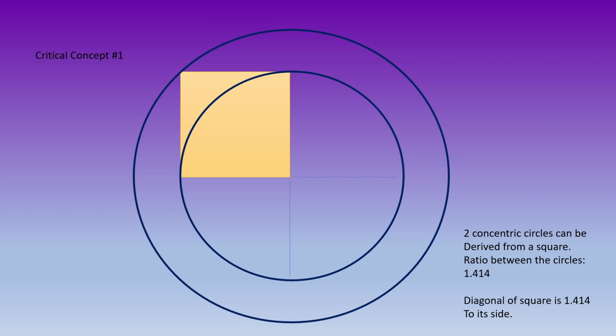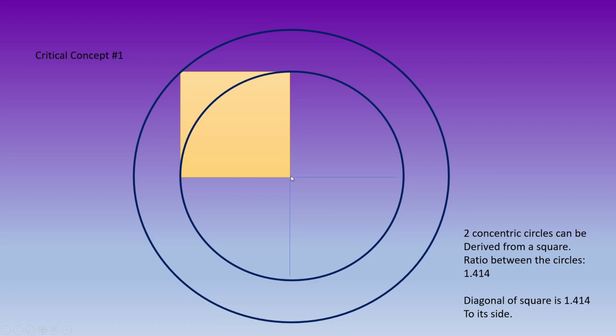Starting off, 2 concentric circles can be derived from a square, with a ratio between the circles of 1.414. How does that come about? Well, it emanates from a radius vector.